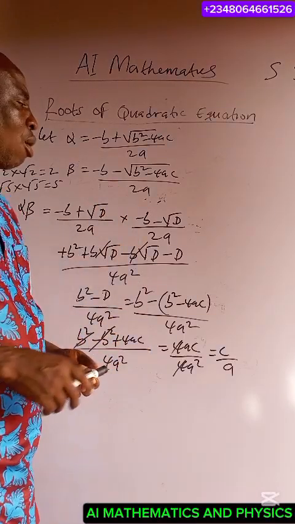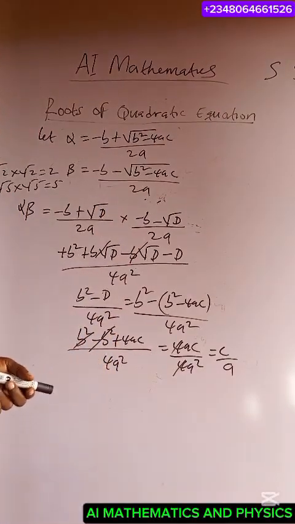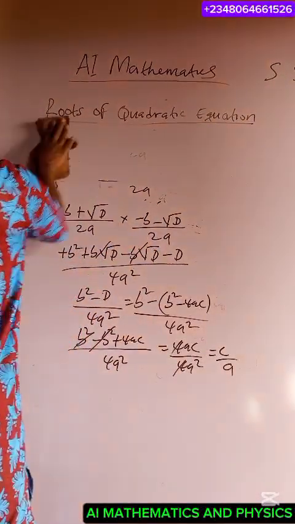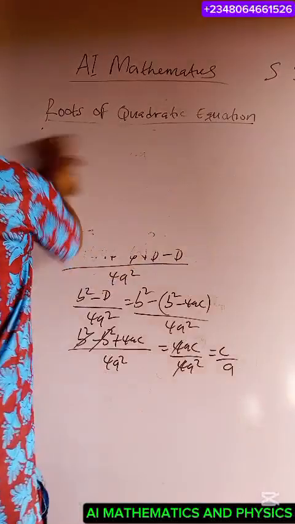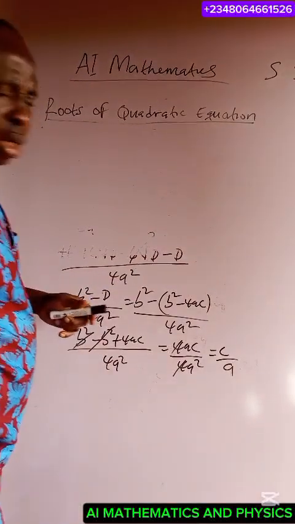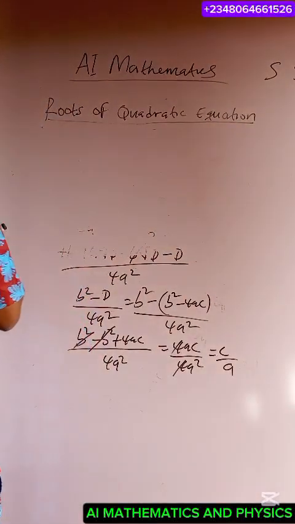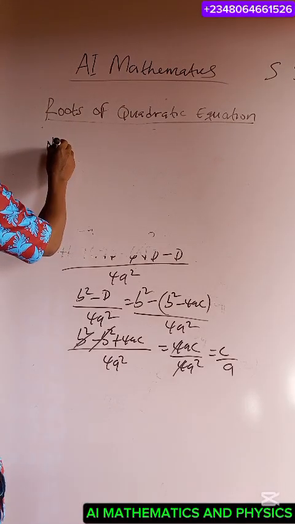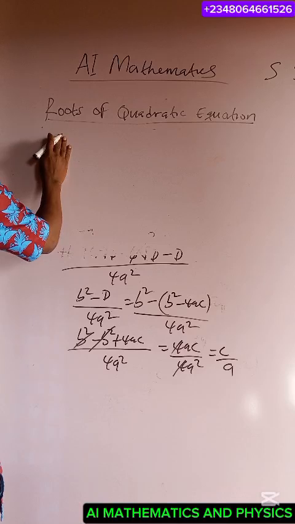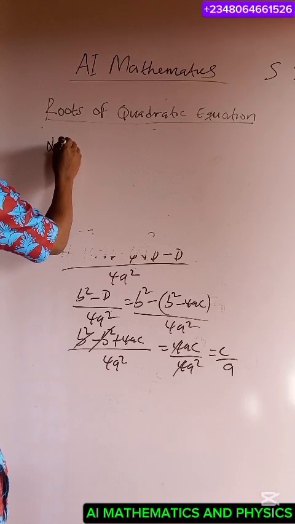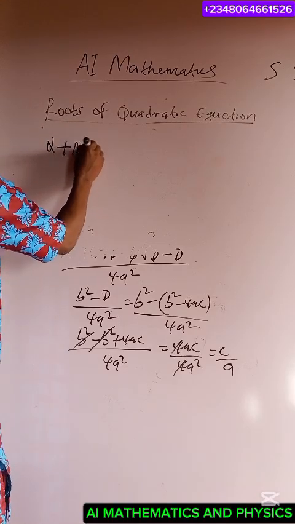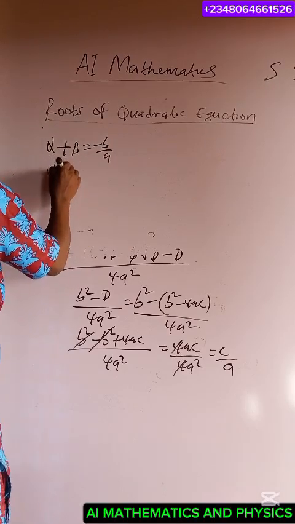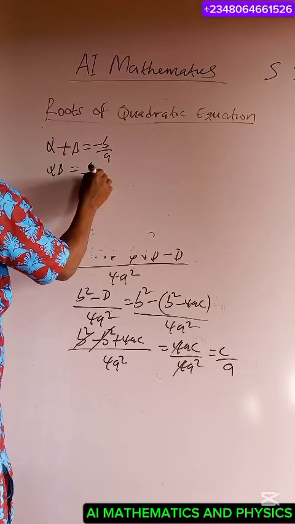And before I call it a day here, roots of equation, in case you want to write JAMB or post-JAMB, we have something like this: alpha plus beta is equal to minus b over a. Alpha beta is equal to c over a.